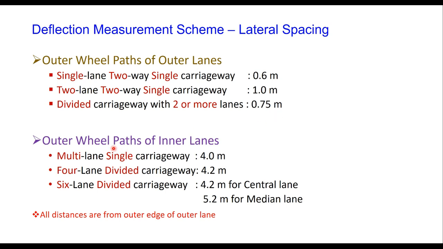And the outer wheel path of the inner lane is defined in case of multi-lane single carriageway as 4 meter from the outer edge of the outer lane. For 4-lane divided carriageway, it is 4.2 meter, and for 6-lane divided carriageway, it is 4.2 meter for the central lane and 5.2 meter for the median lane. And all these distances are from the outer edge of the outer lane.